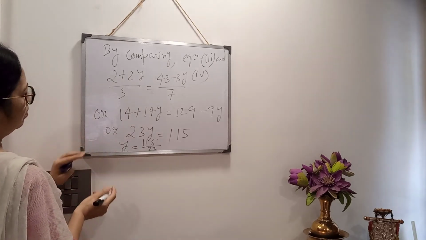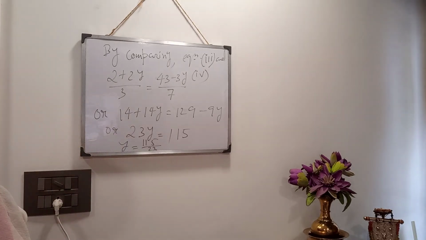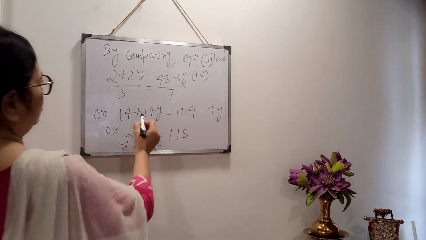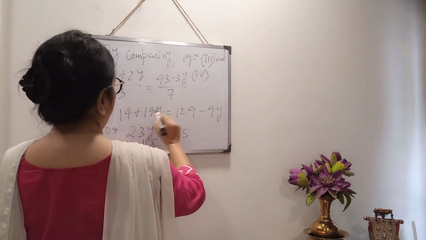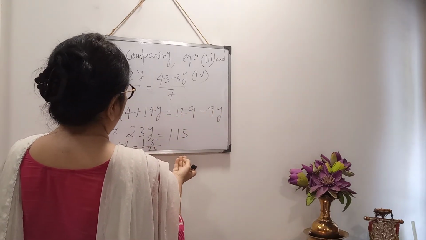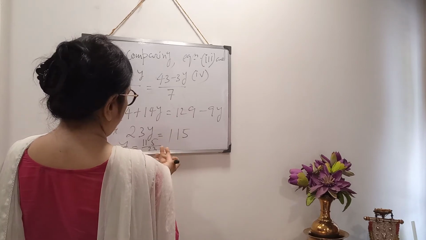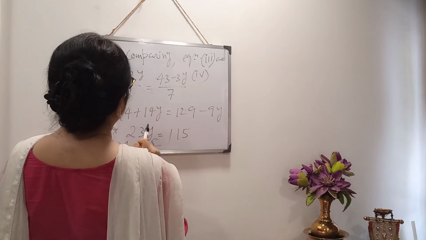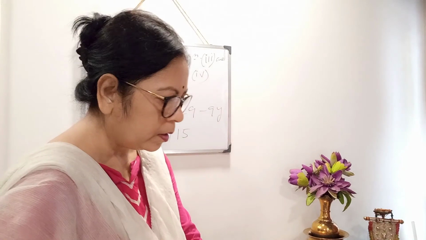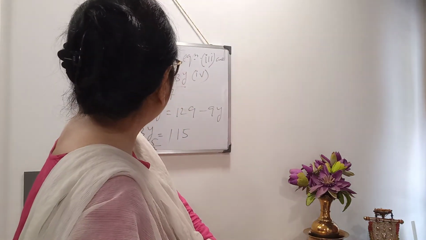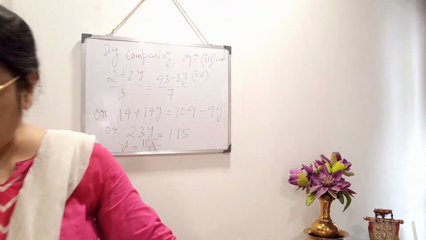Somewhere it is coming 14 minus 9. Now plus 23y. That side is given 2. Yes.